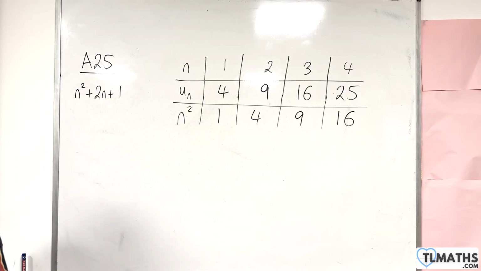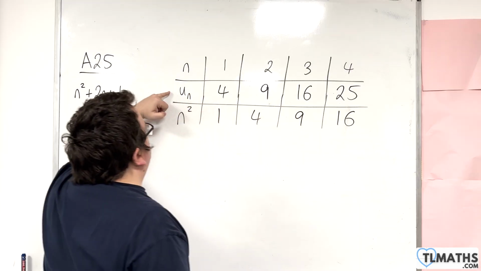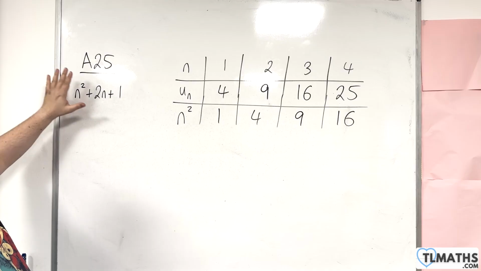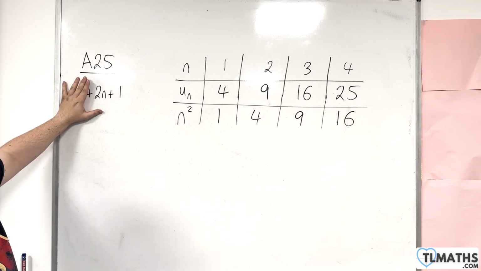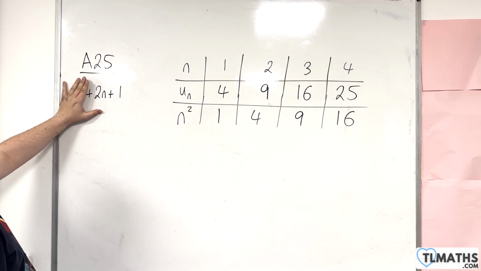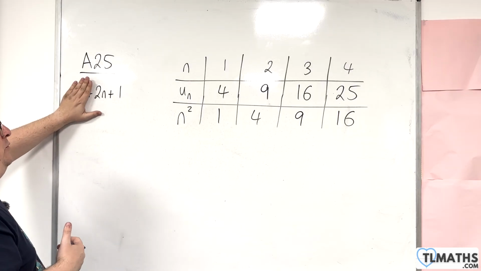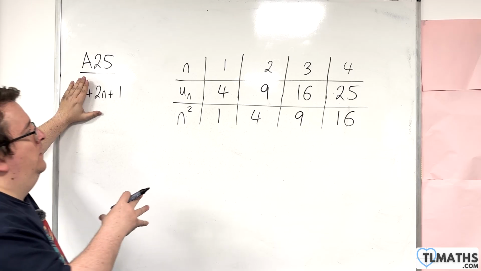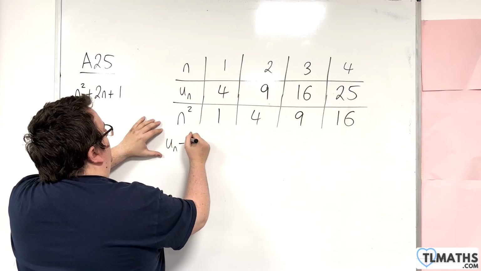And what we're going to do is we're essentially going to subtract this row from this row. Now the reason why we're doing that is essentially I'm going to subtract the n squared away. And what it should leave me is a linear sequence I can work out. Okay, so I already know the n squared is there. Subtracting it away allows me to ignore everything but now the linear term. So subtracting that away, so I'm going to un take away the n squared.